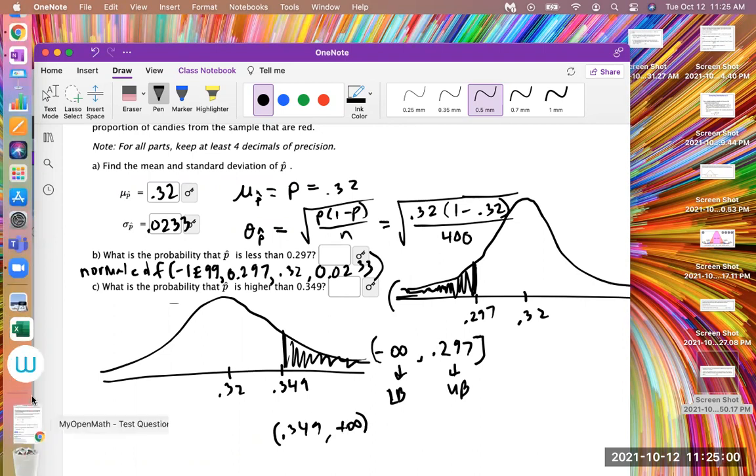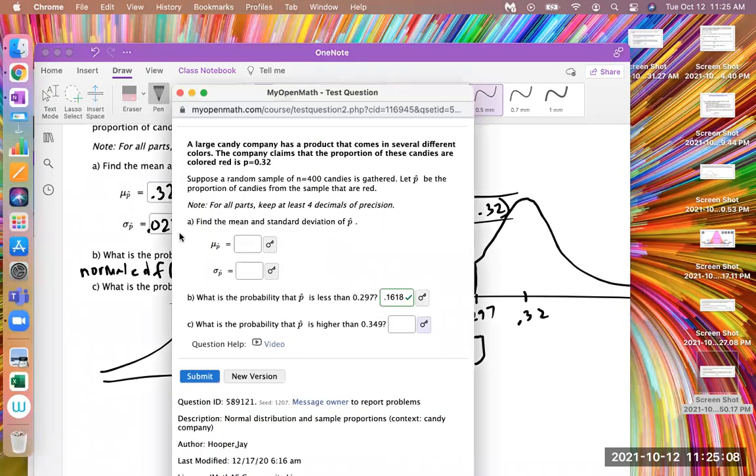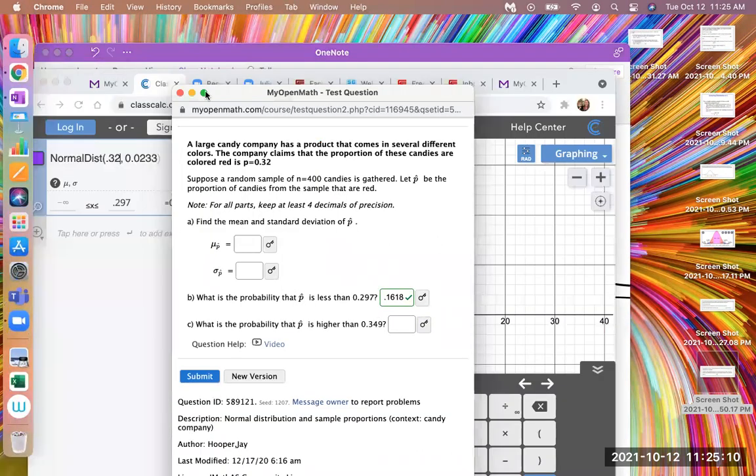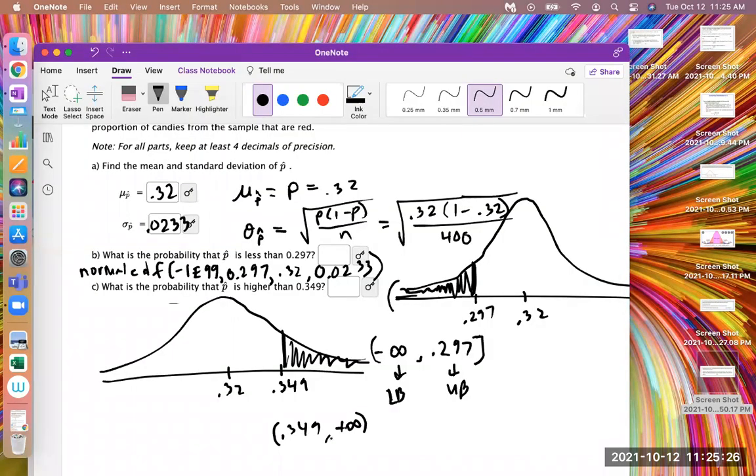So when I go to calculate it in here with my class calc, the mean and standard deviation didn't change, but my lower bound is now going to be 0.349, I believe, yeah. And then the upper bound is positive infinity.